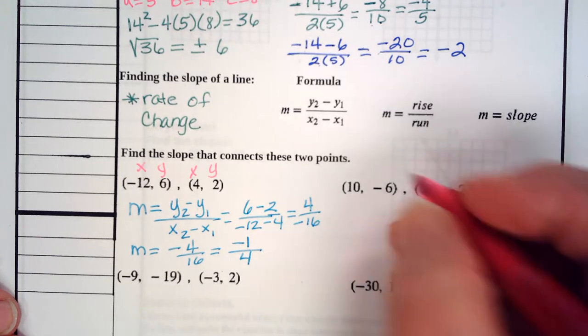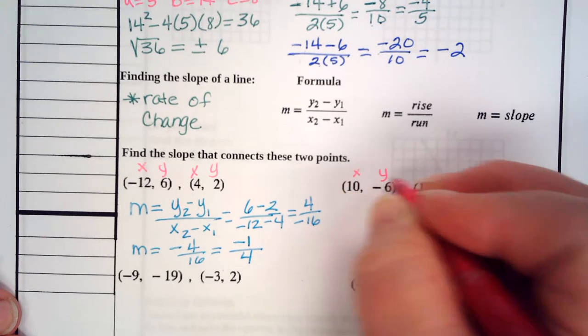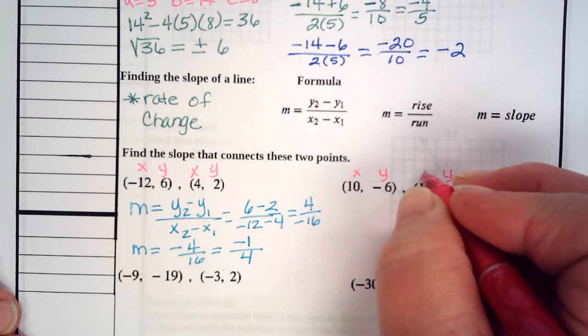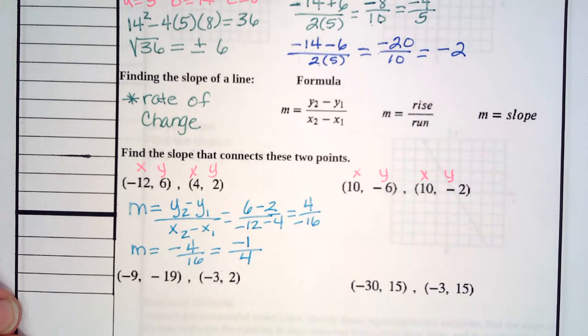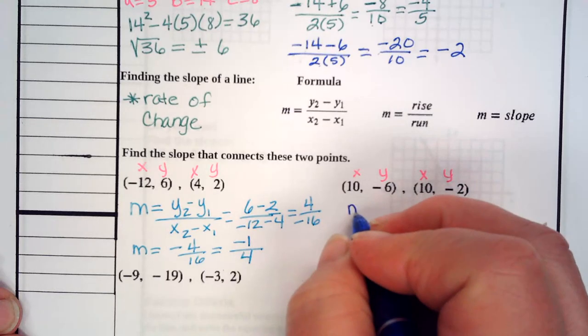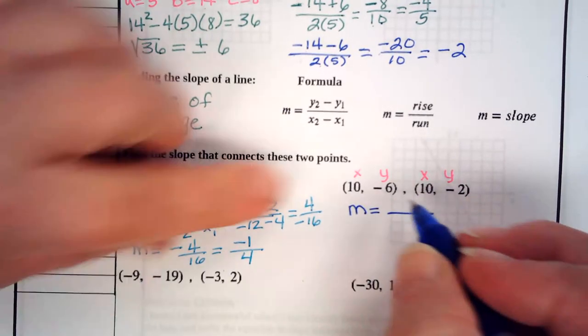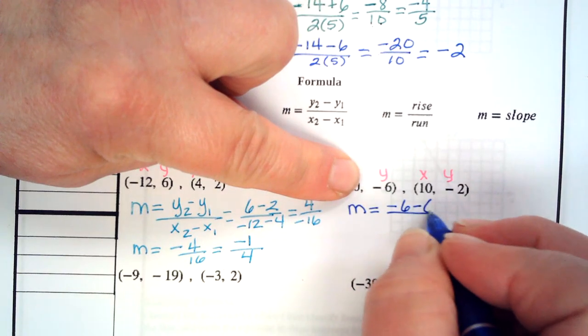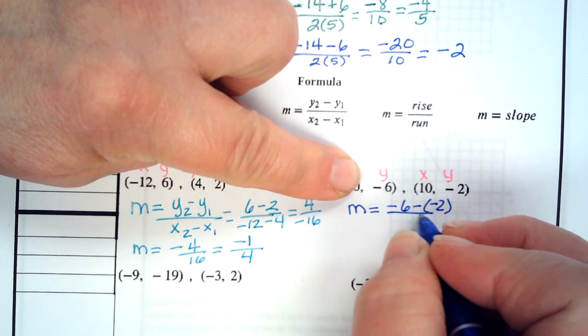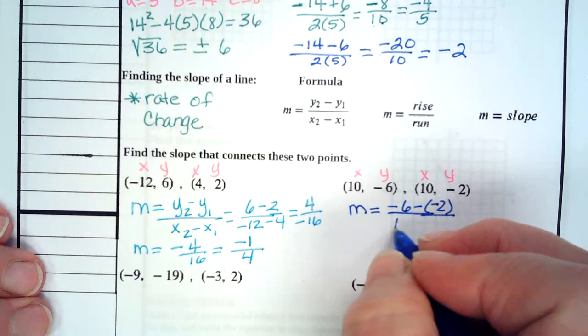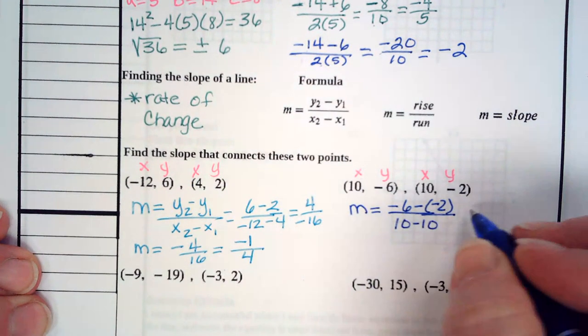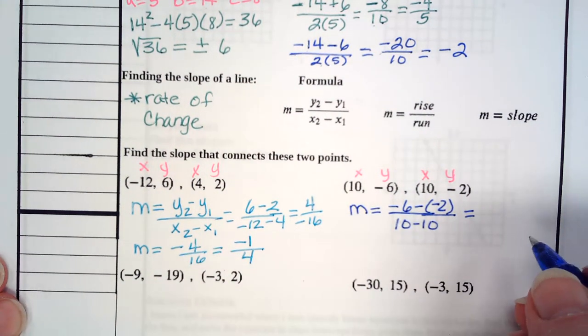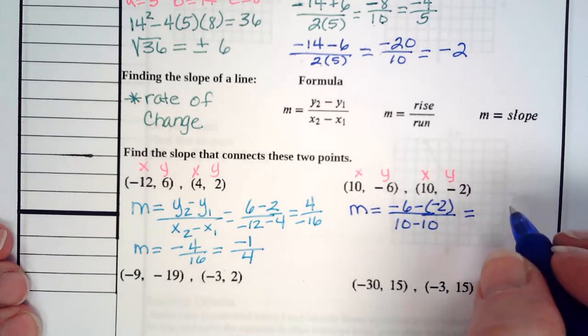For the next one, okay, the change in y, negative 6 minus a negative 2 over 10 minus 10. Okay, you never ever minus a negative, you plus the positive.